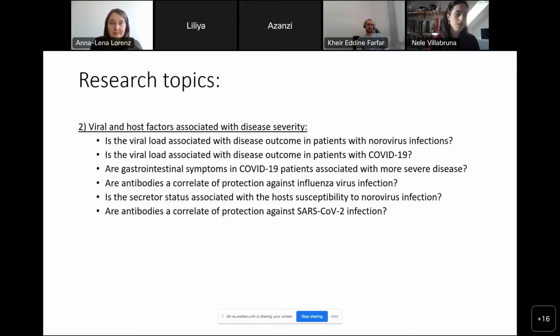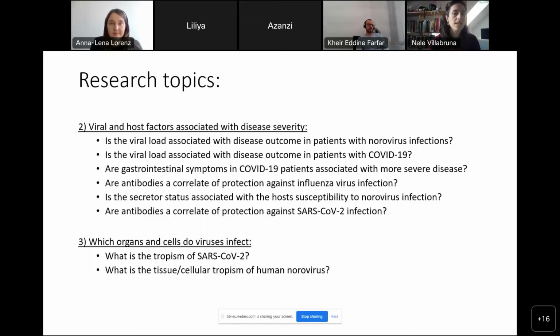For example, if the amount of virus particles in infected people impacts how severely ill these patients become. Or another example is how the different arms of the immune system protect you from severe disease from different viruses. And then the third group was where specifically in the human body these viruses infect. And this is also the comparison that I will focus on now.